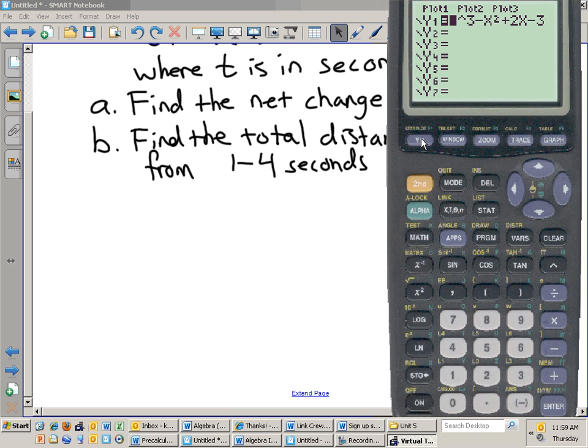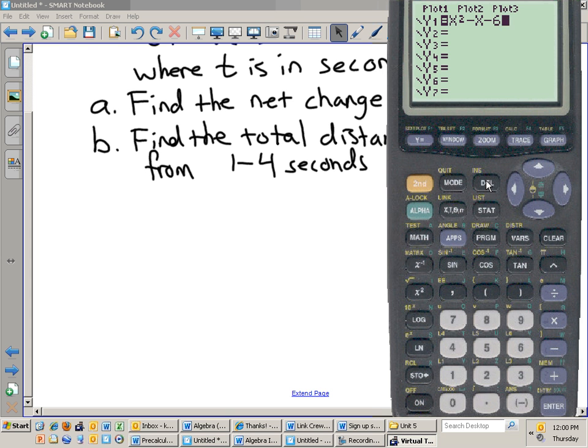And I'm just going to graph this function. Let's see, y equals x squared minus x minus 6, and I'm just going from the interval from 1 to 4.